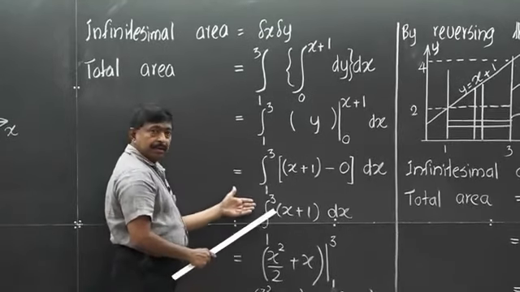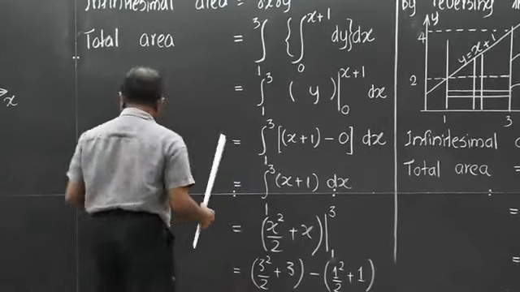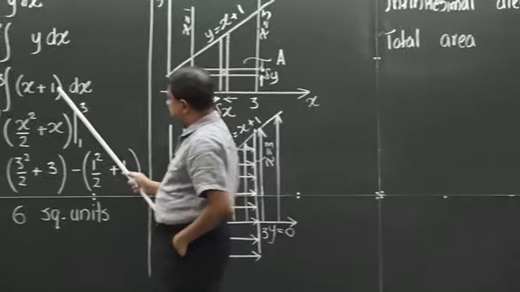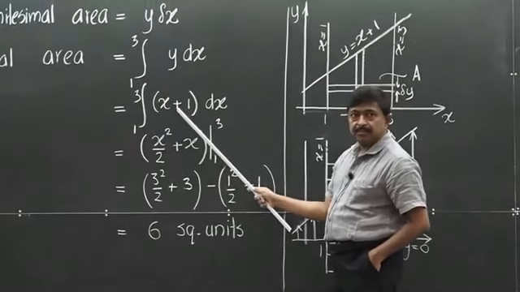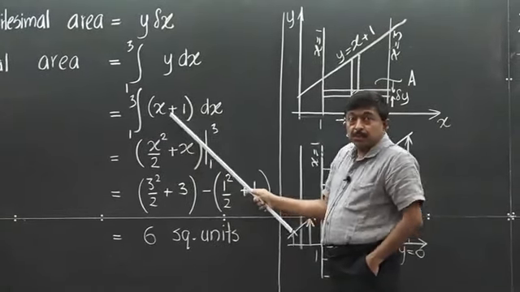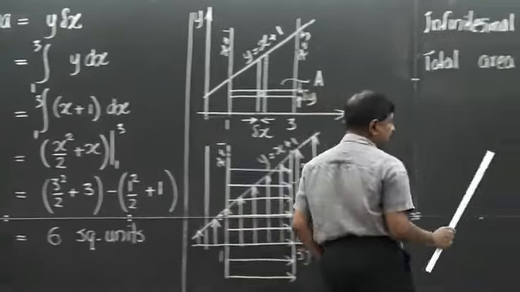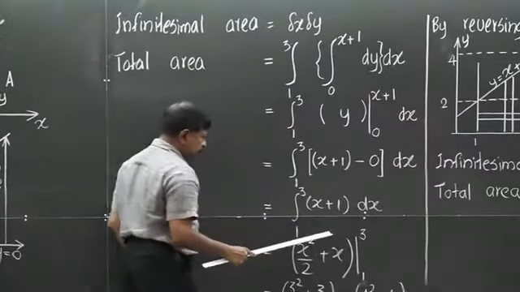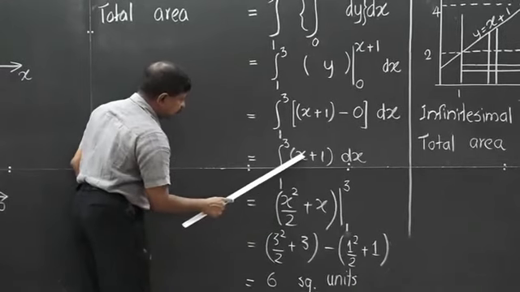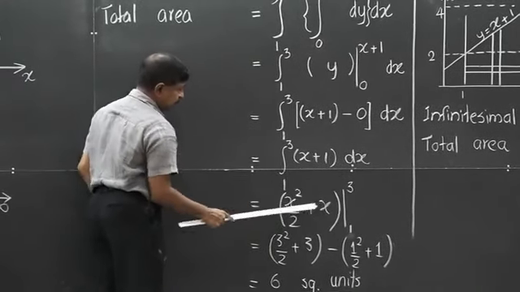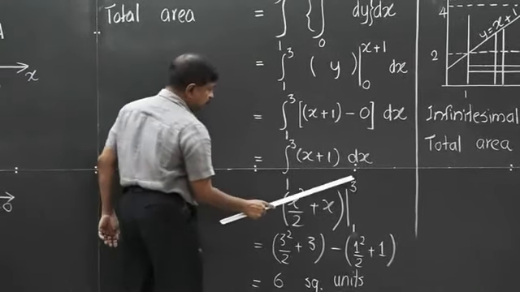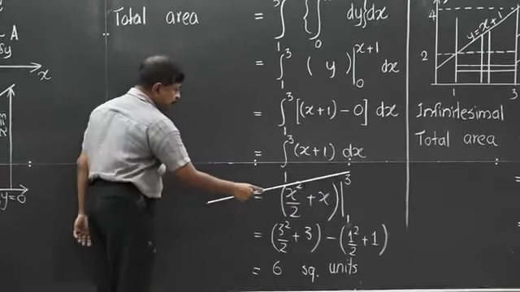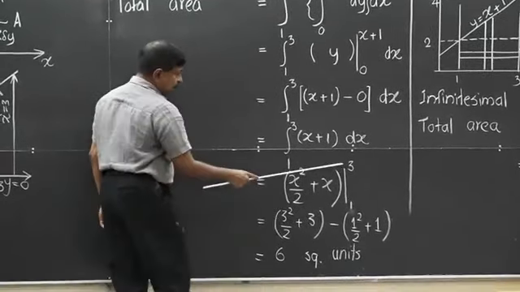Now, it is a simple integral. And if you want to go back here, you have the same integral. So, both are the same. After that, we can evaluate it. You know, the integral of this one is x squared over 2 plus x. So, this is the upper limit and the lower limit. First you plug in the upper limit minus the lower limit.